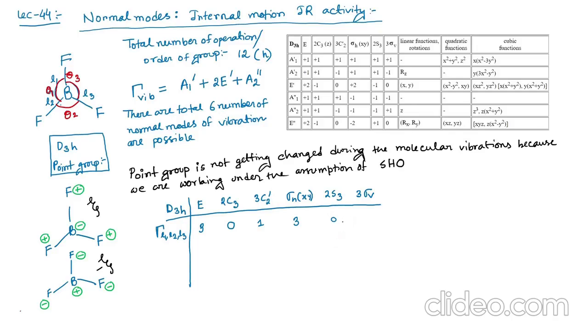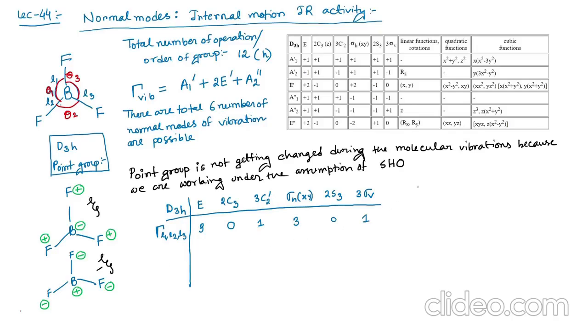What about sigma v? Again, in sigma v along L1, suppose that plane, L1 is going to be fixed and L2 and L3 are going to interchange, so again the character will be 1. Okay, so the bond lengths L1, L2, L3 are actually making a reducible representation like this.